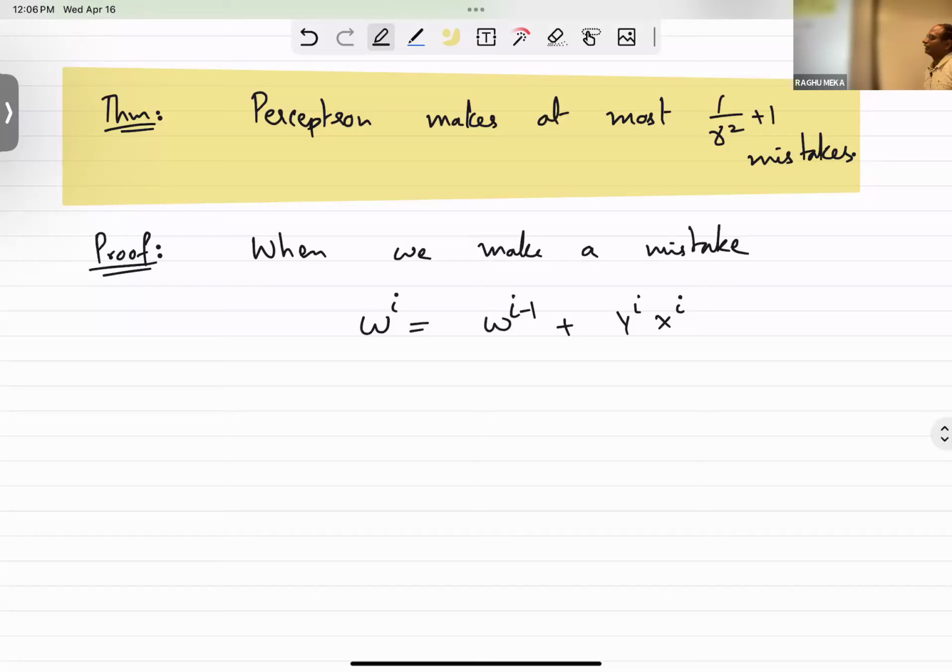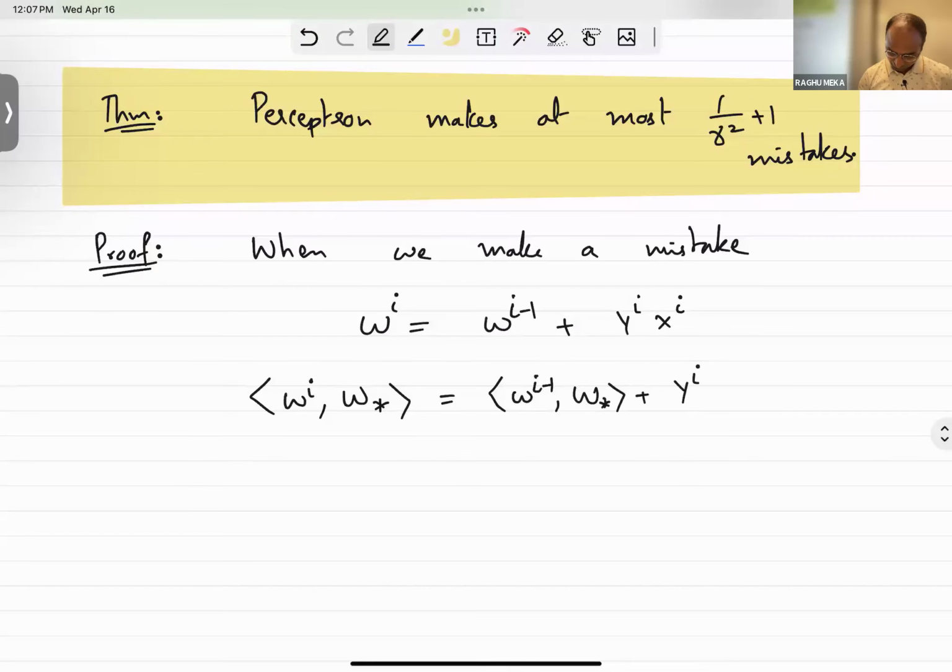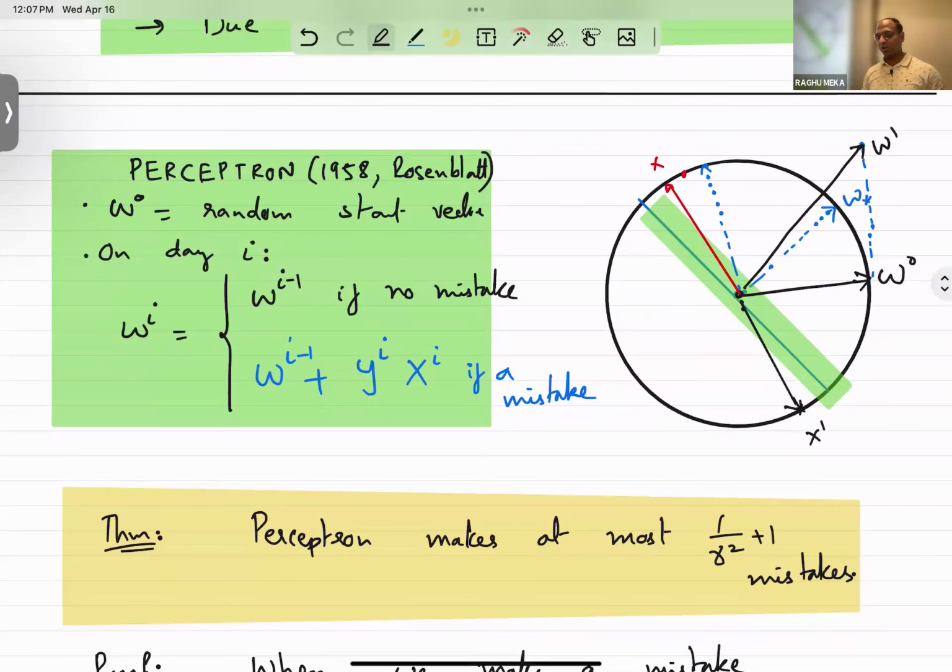One way to measure progress is to measure the correlation with the unknown W star and argue that whenever you make a mistake, your correlation with it increases a little. So you're going more and more towards the true unknown W star.